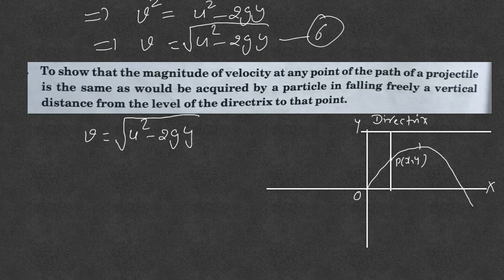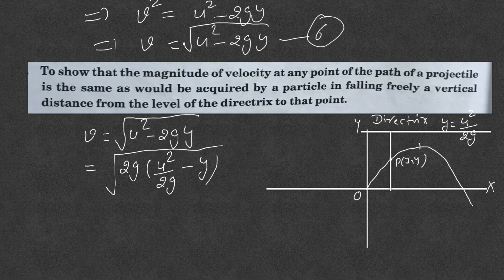Also, we know that the equation of the directrix, which we have derived, is y equal to u square by 2g. So what can we do? One thing, we can take 2g common from here. It will make the square root of 2g times u square by 2g minus y.